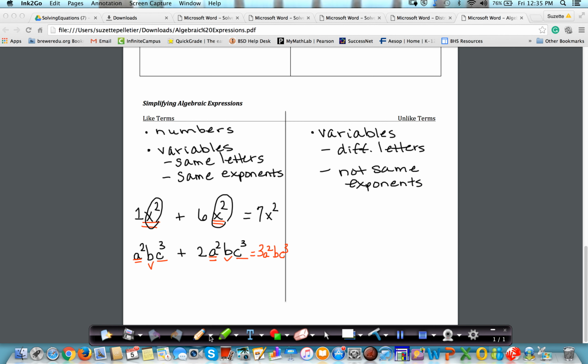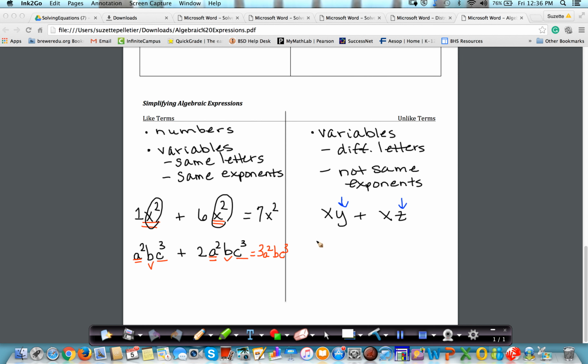Unlike terms, again, it's all about whether they have the same letters or not. So xy plus xz, we cannot combine them. Even though the x's are the same, the problem is that the y's are different. The y is different from the z, and that makes them not like terms. We cannot combine them.